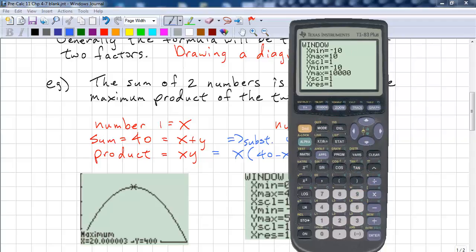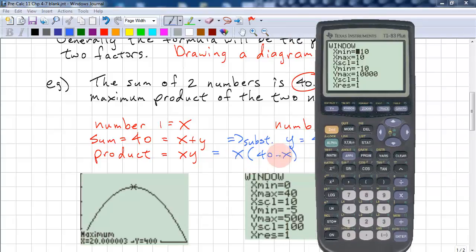And let's adjust the window. So, looking at this, we see that x should not be less than 0, and x can't be greater than 40. Let's make our scale 5.